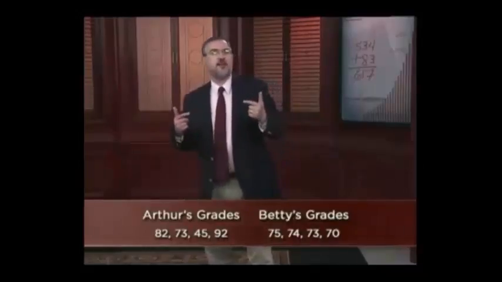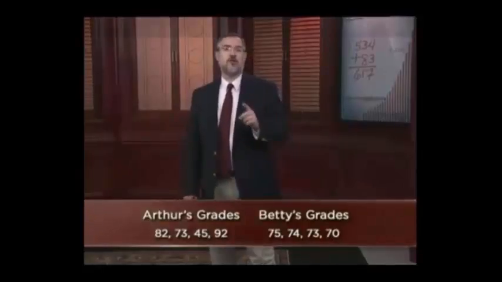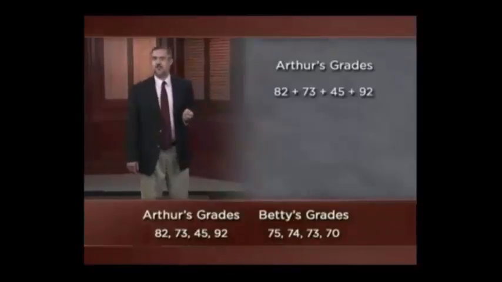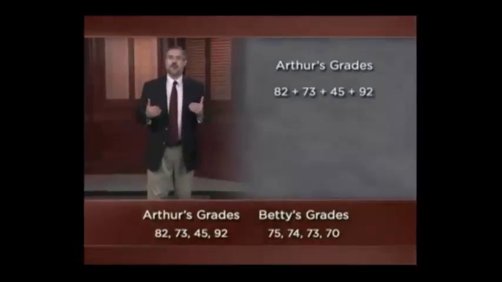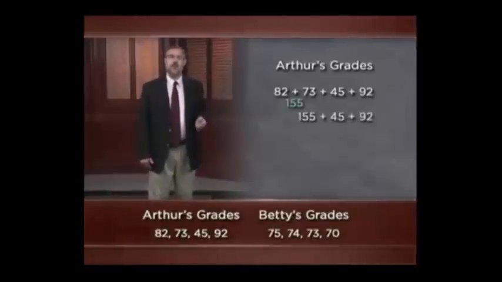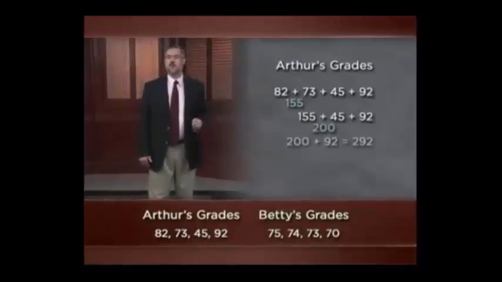Well, let's first find the mean of both students' exam grades. First, in Arthur's case, we would take 82 plus 73 plus 45 plus 92. And if we add the 82 and the 73, we'll have 155, and then we still need to add in 45 and 92. 155 plus 45 is 200. Now we have to add 200 to 92. That gives us 292.